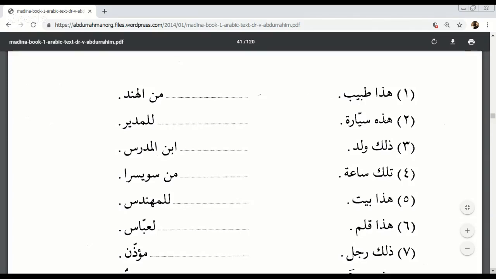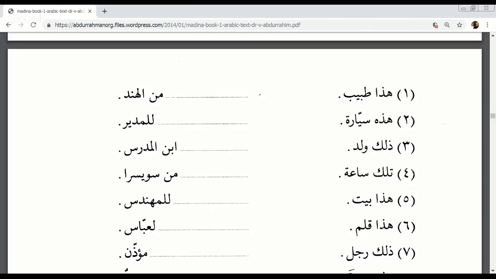Okay, so let's just do the next two. So if you could go ahead, please, Zara, and just read the next sentence for me, please. So هذه سيارة. Repeat that, please. I don't know if you're saying سيارة, but if you are, make sure you say it's سيارة. هذه سيارة.